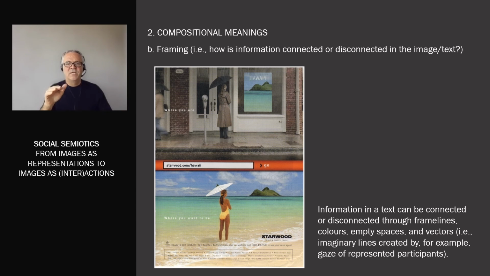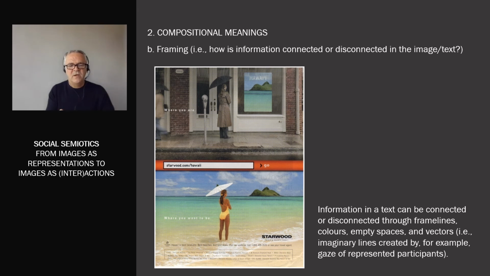All this communication, all of this messaging is being accomplished partly by representational meanings, for example, the trench coat and the swimsuit, but also through these different compositional meanings, partly through the visual content, but partly through the way this content is organized and positioned in the image.